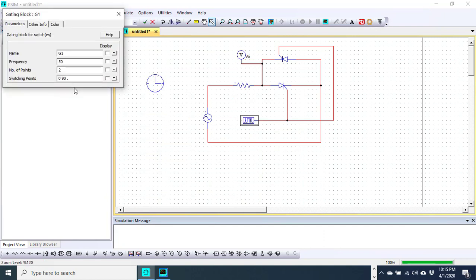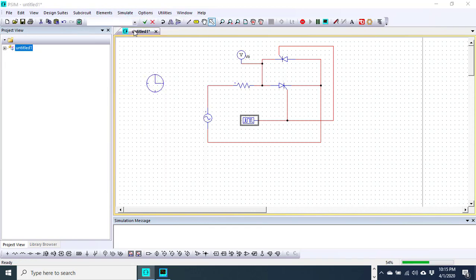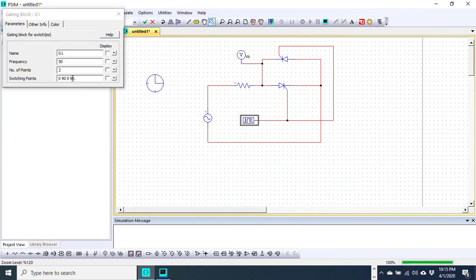Let's say again 0 and then 90, then 100, then 200, then 260, 280, and then 300.